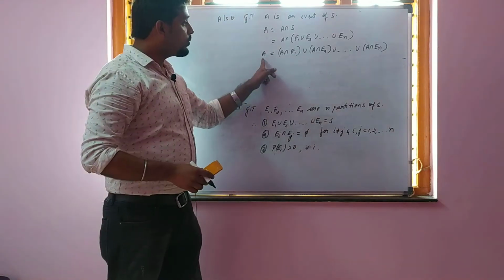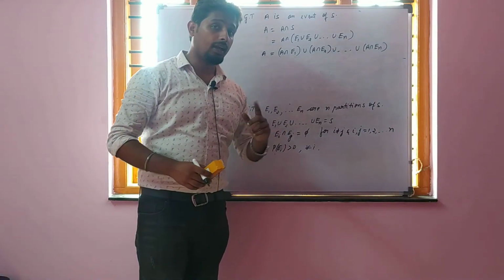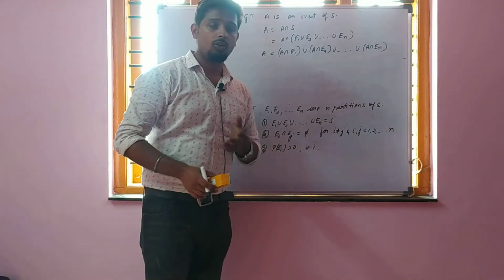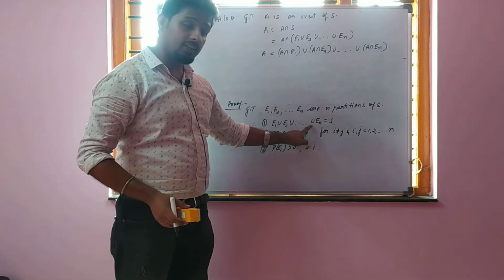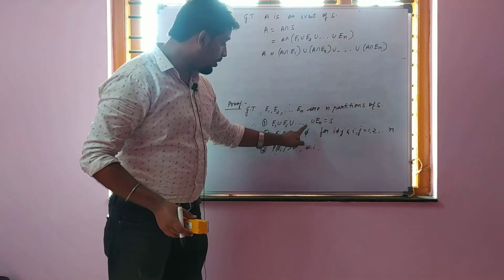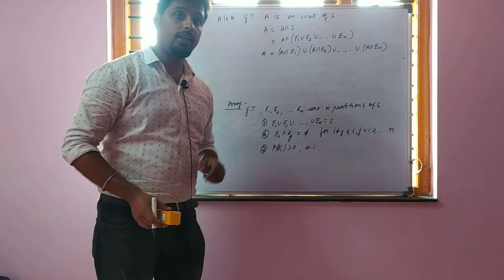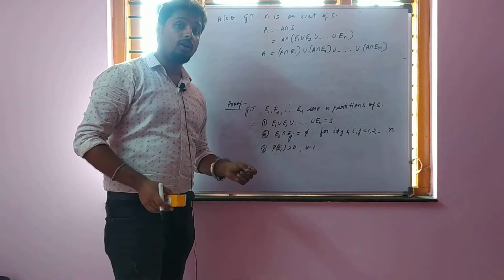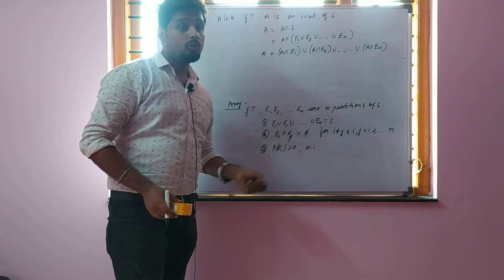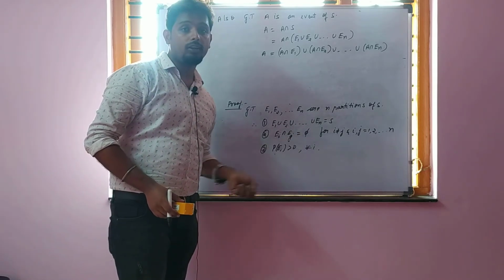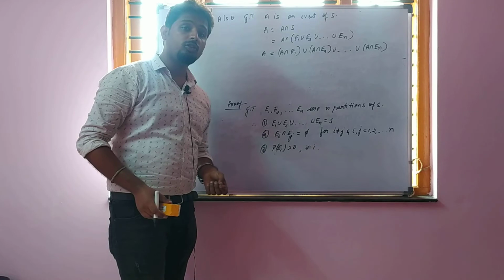Okay, so now students, we have got this. Now can I apply the probability directly here? No students, never do it, because we have just used the first rule. Now we need to come to the second rule. What is the second rule, students? Pairwise mutually exclusive events. This plays a very important role here. What are pairwise mutually exclusive events?